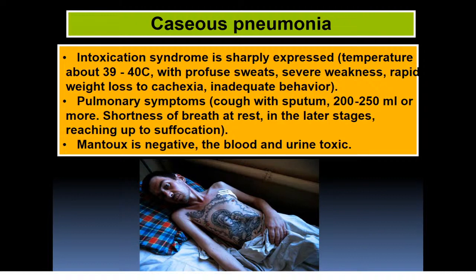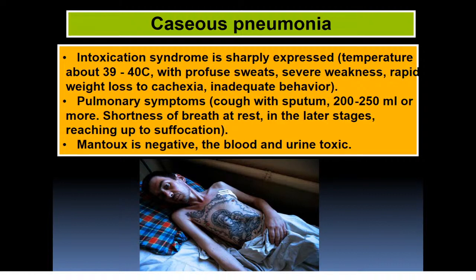Clinical symptoms of caseous pneumonia. Intoxication syndrome is sharply expressed. Temperature about 39-40 degrees with profuse sweats, severe weakness, rapid weight loss to cachexia, and inadequate behavior.